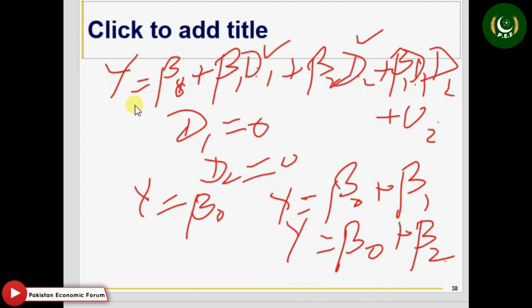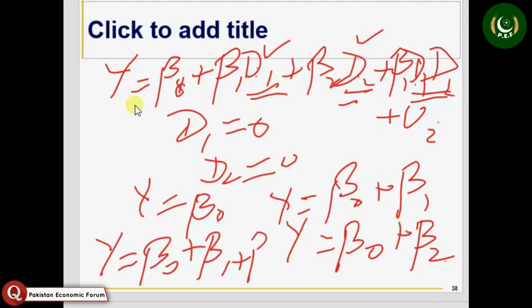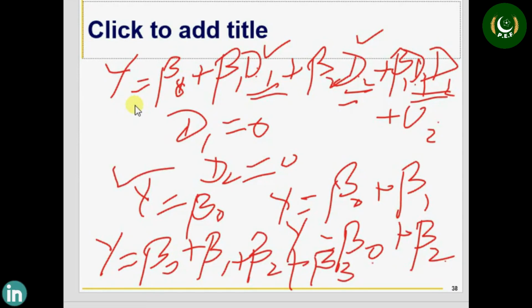And male and graduate, d1 is 1 and d2 is 1, so you will have y equal to beta naught plus beta 1 plus beta 2 plus beta 3. So this one is undergraduate and female, graduate and female, this one is male and undergraduate, and this one is male and graduate.